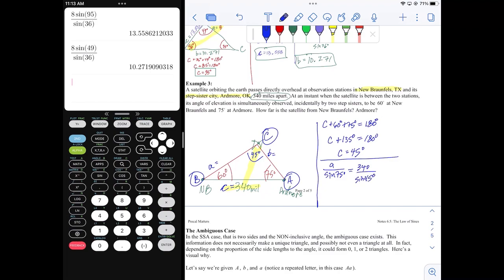And then we multiply both sides by sine of 75, and we get a equals 340 times sine of 75 all over sine of 45. And now we just type that in.